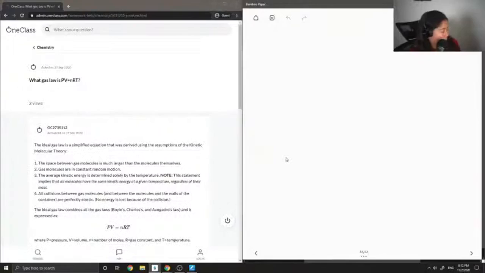Okay, so let's look at question number 10. This is similar to the other ideal gas law question I had, but this time they're just asking what gas law PV equals nRT is.